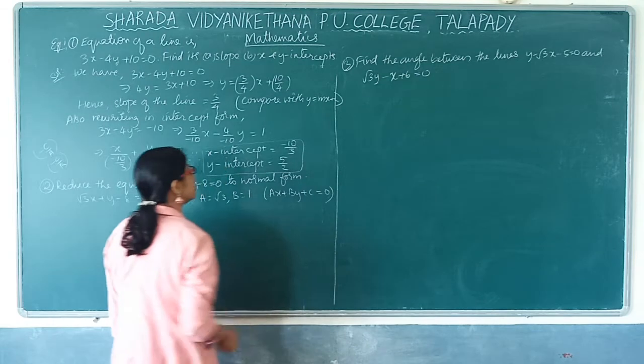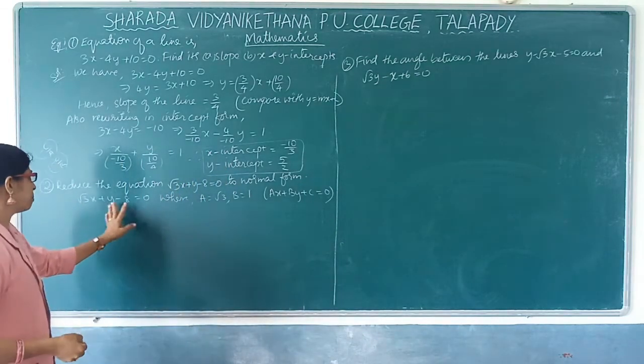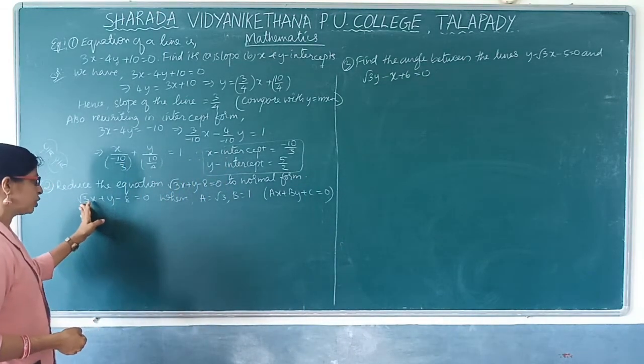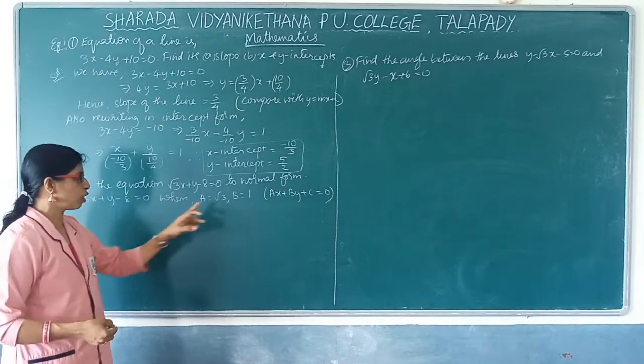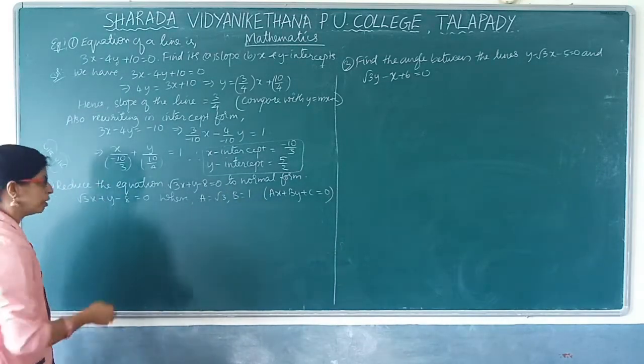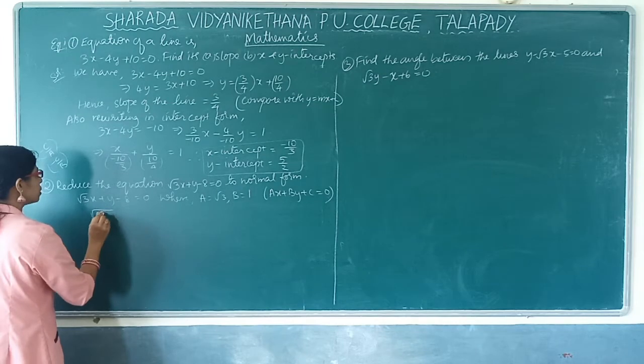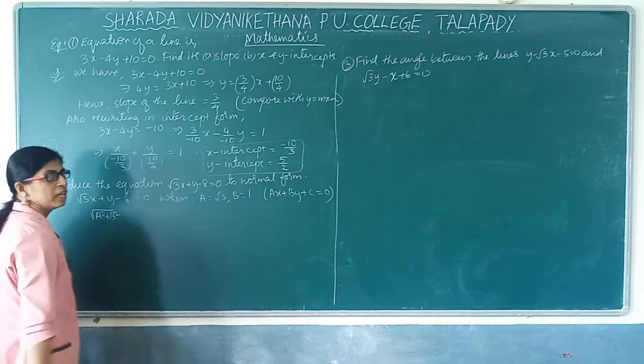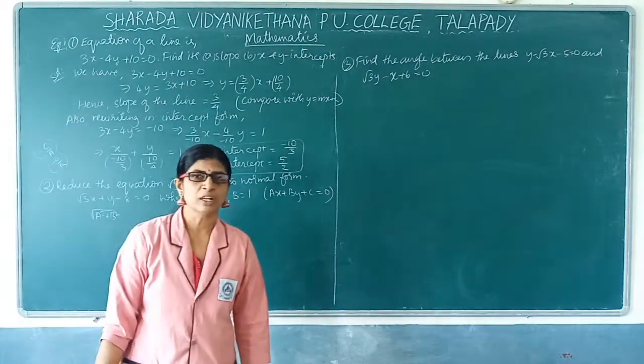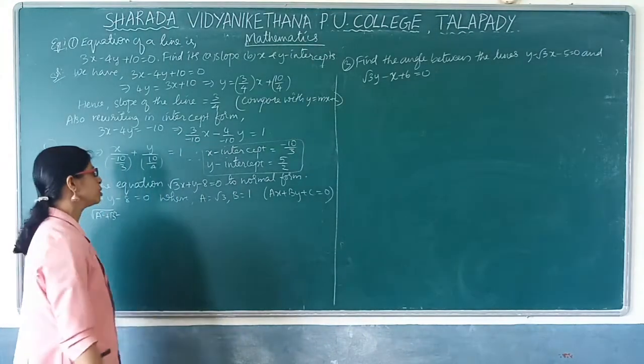Capital A is root 3, the coefficient of x, and capital B, the coefficient of y, is 1 here. So we need root of a square plus b square, because you might have observed in cos omega, sin omega and p value, the denominator is square root of a square plus b square.